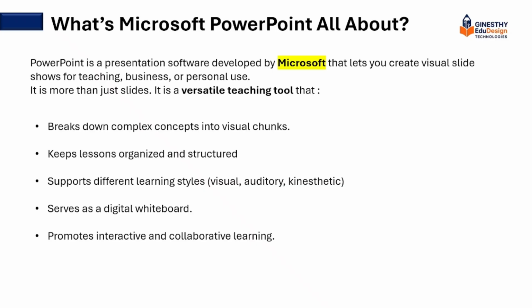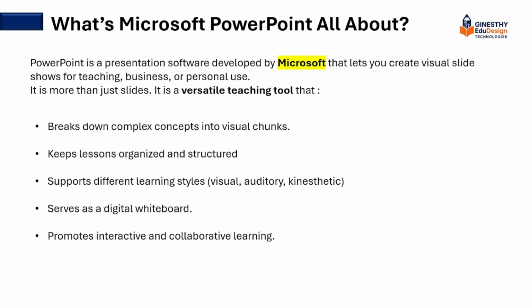Now, as you know, for most of you who use your computers, there's a software called Microsoft Office. This Microsoft Office is a package developed by Microsoft that comprises most of these softwares that we use: Microsoft Word, Microsoft PowerPoint, Excel, Microsoft Access for database creation, Microsoft Publisher, Microsoft Project, Microsoft OneNote, Microsoft Outlook.